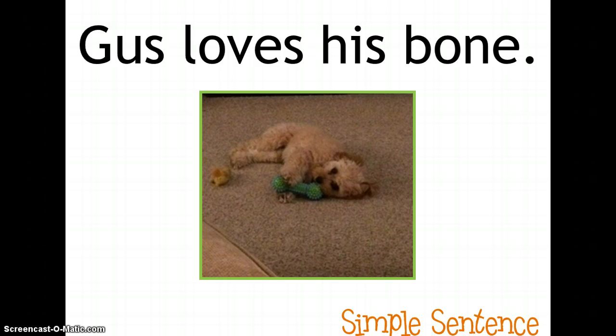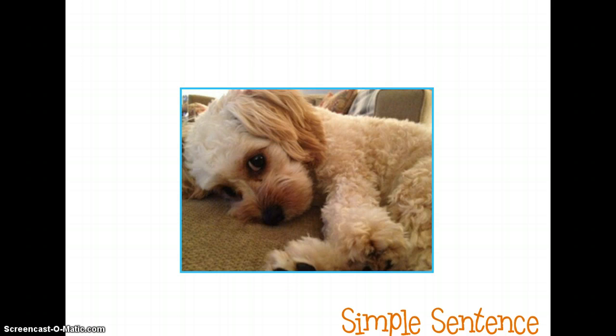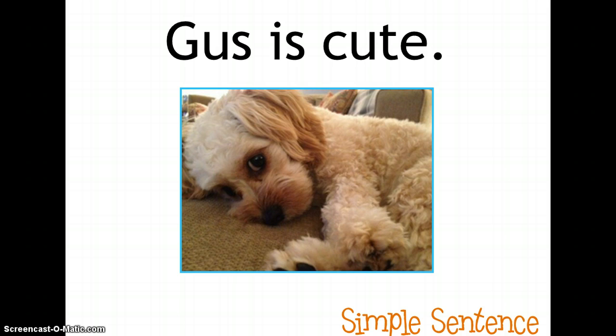So Gus loves what? His bone. Makes it a full thought, not left wondering for more information. That's a simple sentence. Here's another one. Gus is cute. So we have our subject, Gus, and our verb here is the be verb is. Now, is a linking verb between Gus and the adjective cute. So again, full sentence, simple sentence.